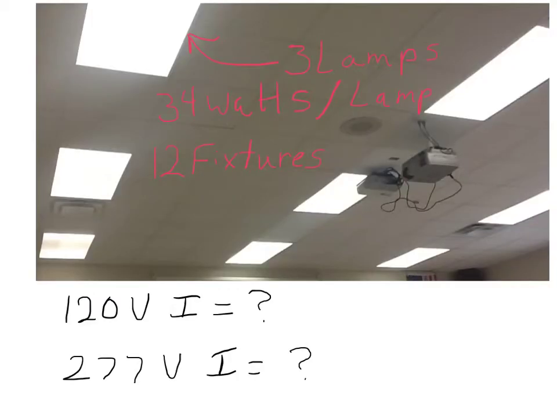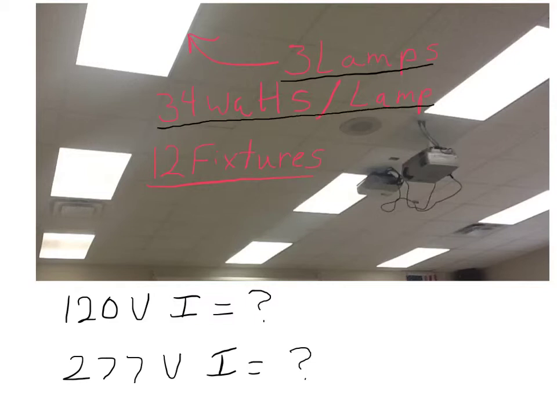This is the last example I'm giving you on this project, and it's a pretty common problem. It's fluorescent lighting in a commercial building, and I've got a picture here of a drop ceiling with 12 fixtures installed in the ceiling. Each fixture has 3 lamps, and each lamp is 34 watts.